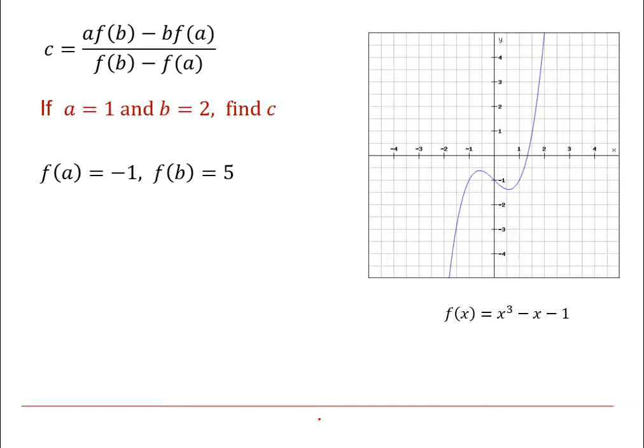So this is the example we used when we were doing the bisection method. We've got A being 1 and B being 2, and we found the value of the function in those two cases, and so you might like to have a go at this yourself.